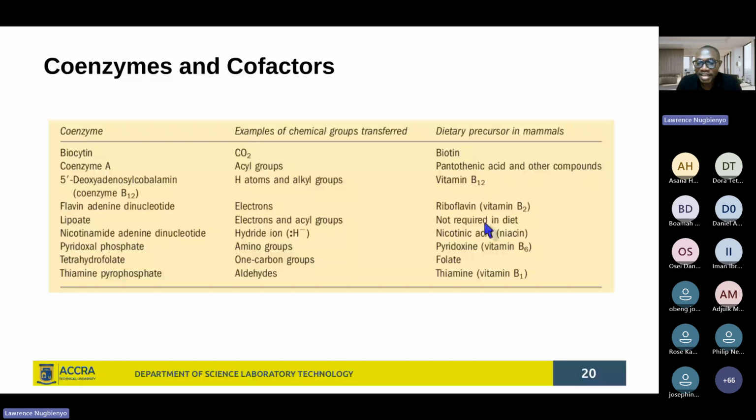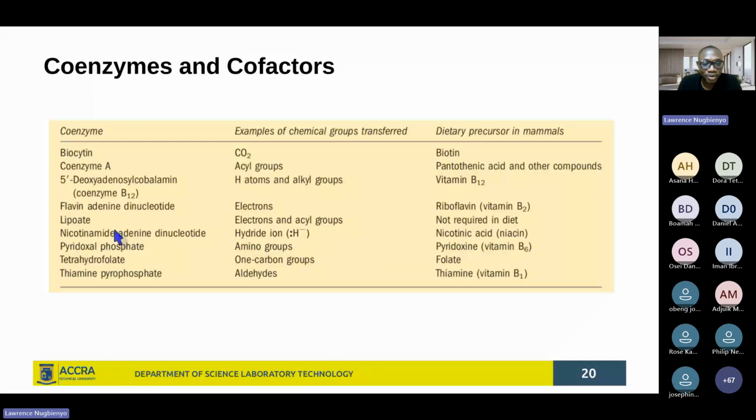And the vitamin from which it comes is pyridoxine, that's vitamin B6. Look at the names: pyridoxine is the vitamin, and the coenzyme is pyridoxal phosphate. So it tells you that pyridoxine only gets phosphorylated. A phosphate group attaches to pyridoxine to make it active as a coenzyme.